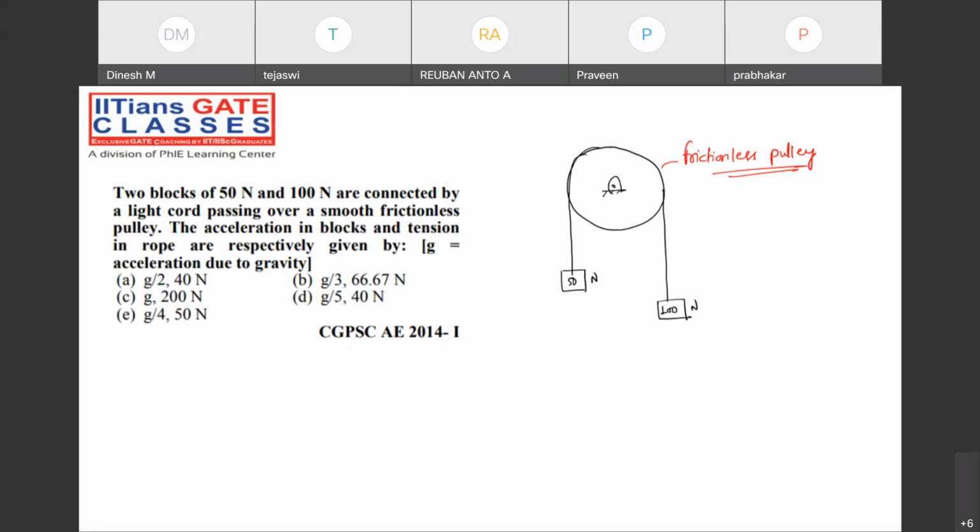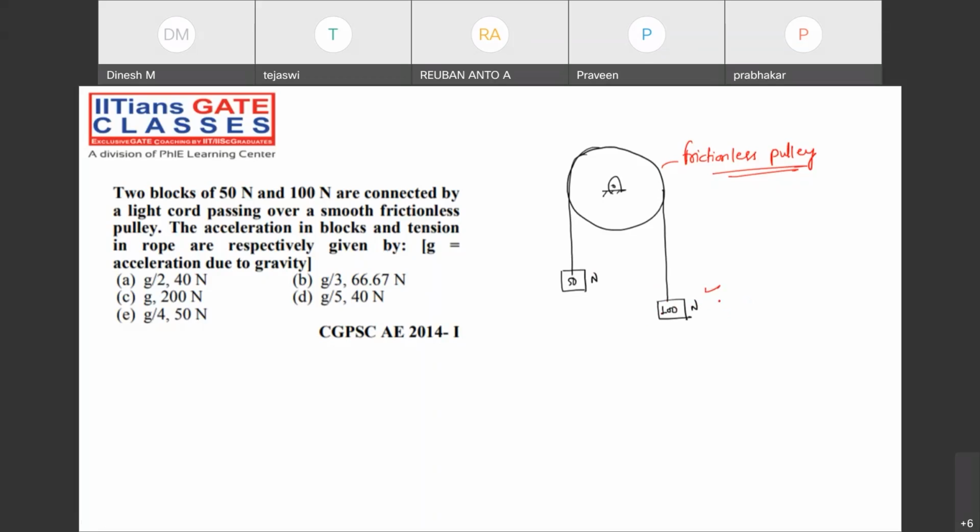Apply Newton's second law of motion. First of all, you need to understand, my dear friend, how the motion is happening. Now, take the bodies 100 Newton and 50 Newton. Just tell me which one is the heavier one, 50 Newton or 100 Newton. 100 Newton is the heavier one.